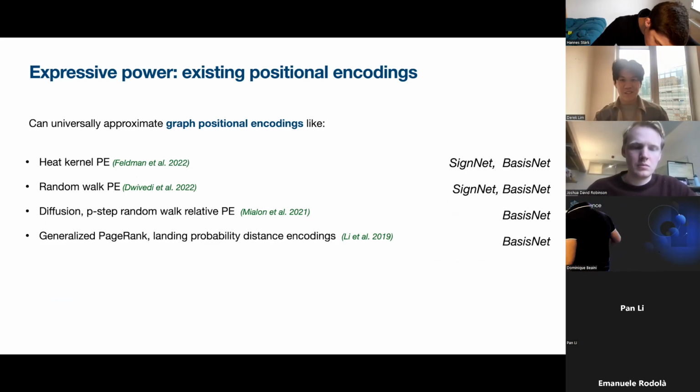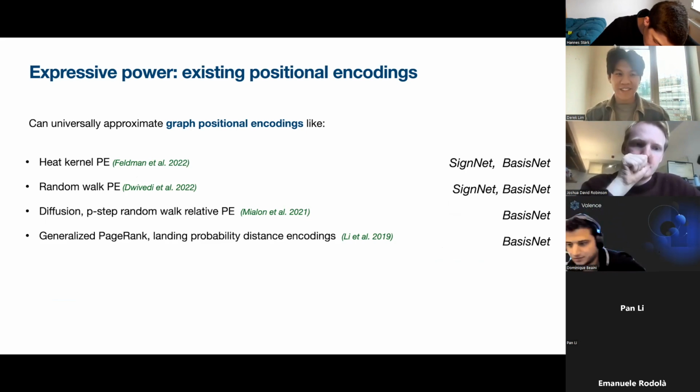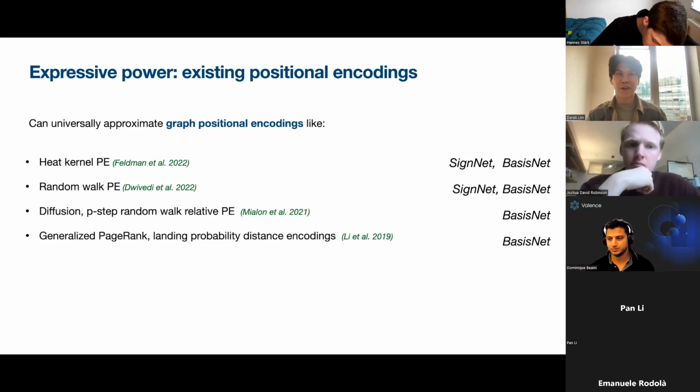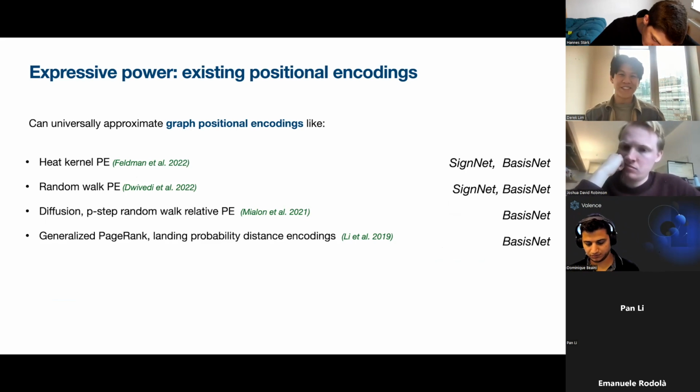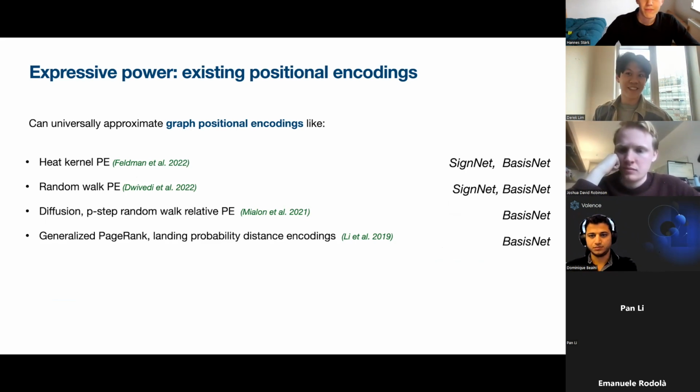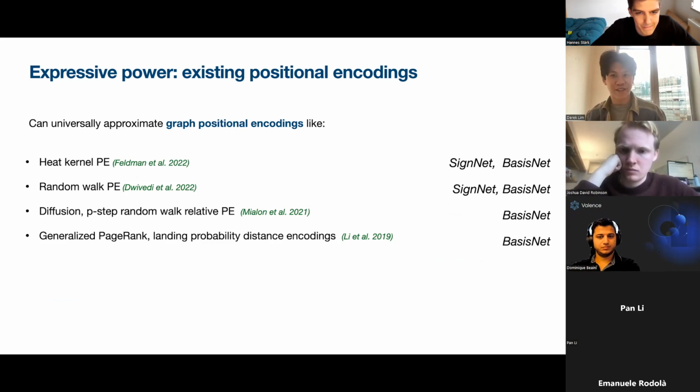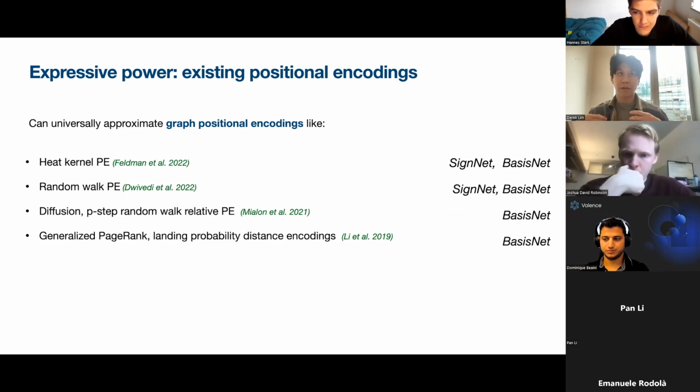Now, as Josh said, there are so many positional encodings in the literature, and one may ask, which one should we use? Well, at least in theory, our method subsumes a lot of positional encodings. Our SignNet with the Laplacian eigenvectors and eigenvalues could universally approximate all these other positional encodings on the screen, SignNet and BasisNet.